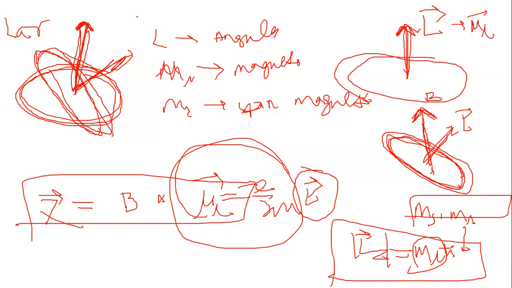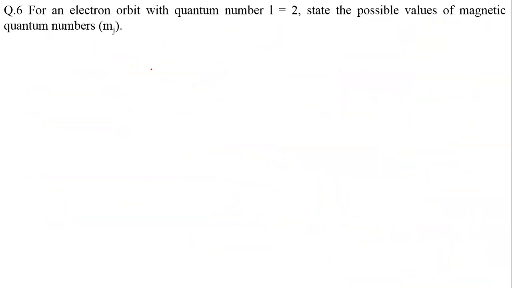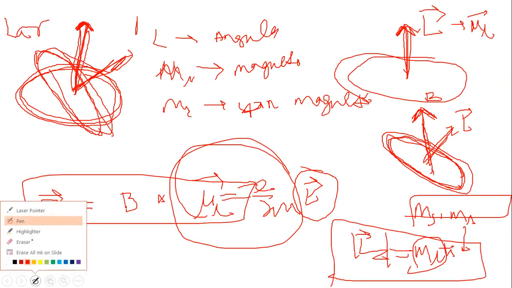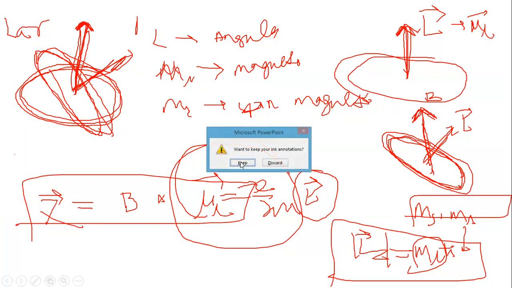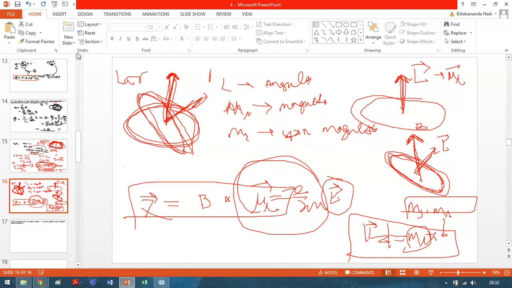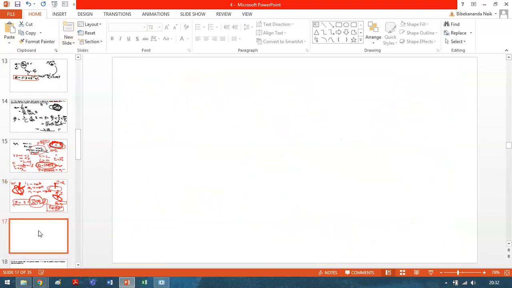That is, if the magnetic field is, let me draw another figure. So what happens, initially this was the case, it was the L vector.